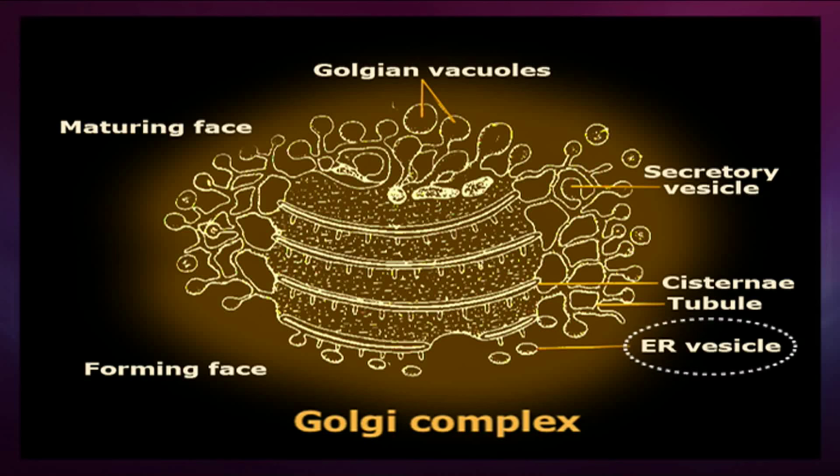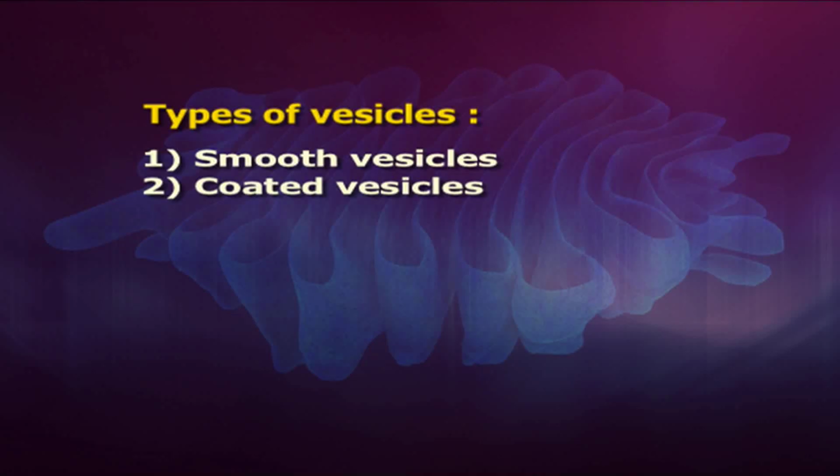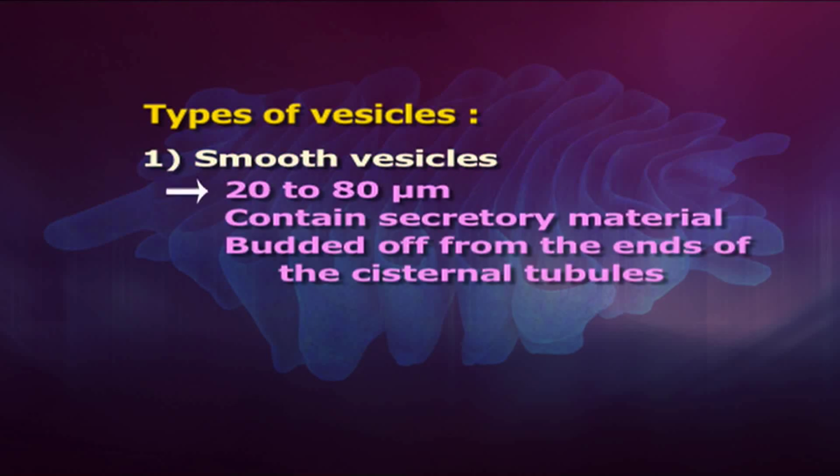These are 40 to 80 nanometer diameter vesicles, which are of two types. They are smooth vesicles and coated vesicles. Smooth vesicles or secretory vesicles. The smooth vesicles are of 20 to 80 micrometer in diameter.